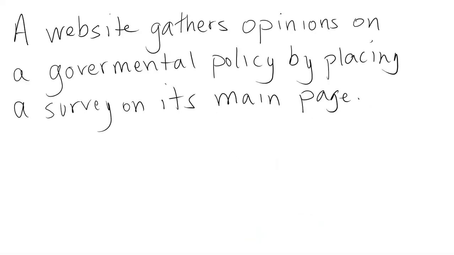A website gathers opinions on a governmental policy by placing a survey on its main page. This is the one that we were just talking about. They're not choosing individuals to randomly give this to. They're just putting something out there and waiting for people to volunteer their data. This is a volunteer sample.